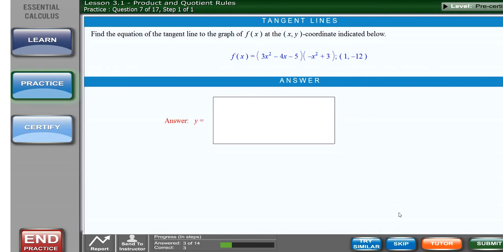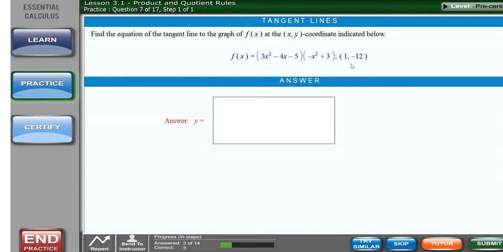Okay, equation of the tangent line. Some people had issues with that. I've actually been emailed about it, so I want to do one of these. Notice they give you a function and they give you a point. They want the equation of the tangent line at that point.